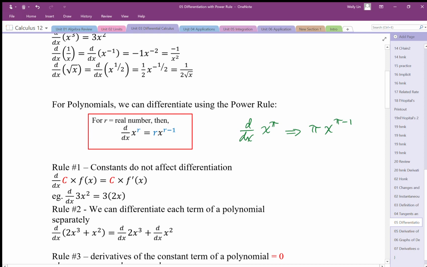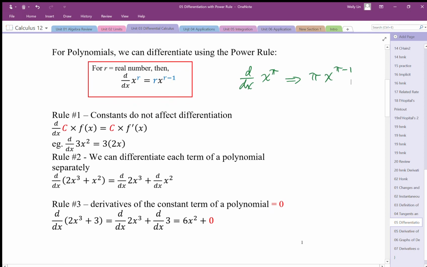An example that we saw before was 3x squared. Well, it is the same as the derivative of x squared, which was 2x, and it's 3 times bigger because it's basically a vertical stretch of 3. But we don't really need to worry about that as we apply our power rule, as long as we keep track of it, we're okay.